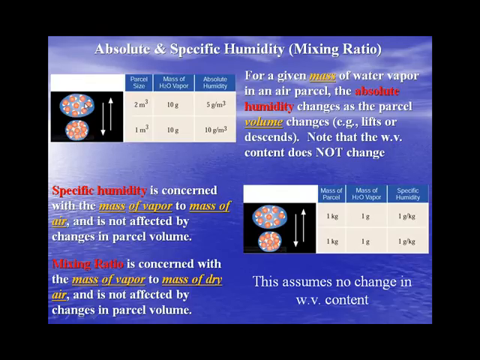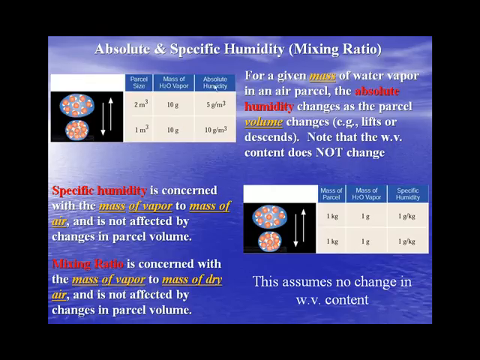We also know something about the mass of the water vapor in this particular air parcel. It has 10 grams of water vapor. And once it's squeezed down, once the air parcel becomes smaller as it begins to sink, it still has 10 grams of water vapor. We haven't removed or added any water vapor into it.